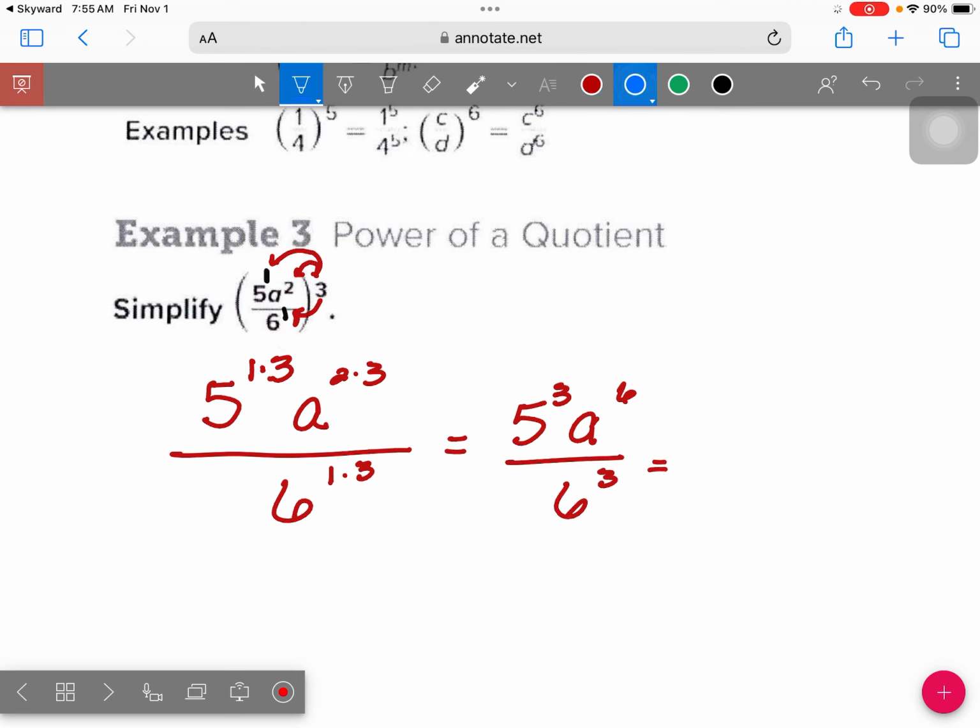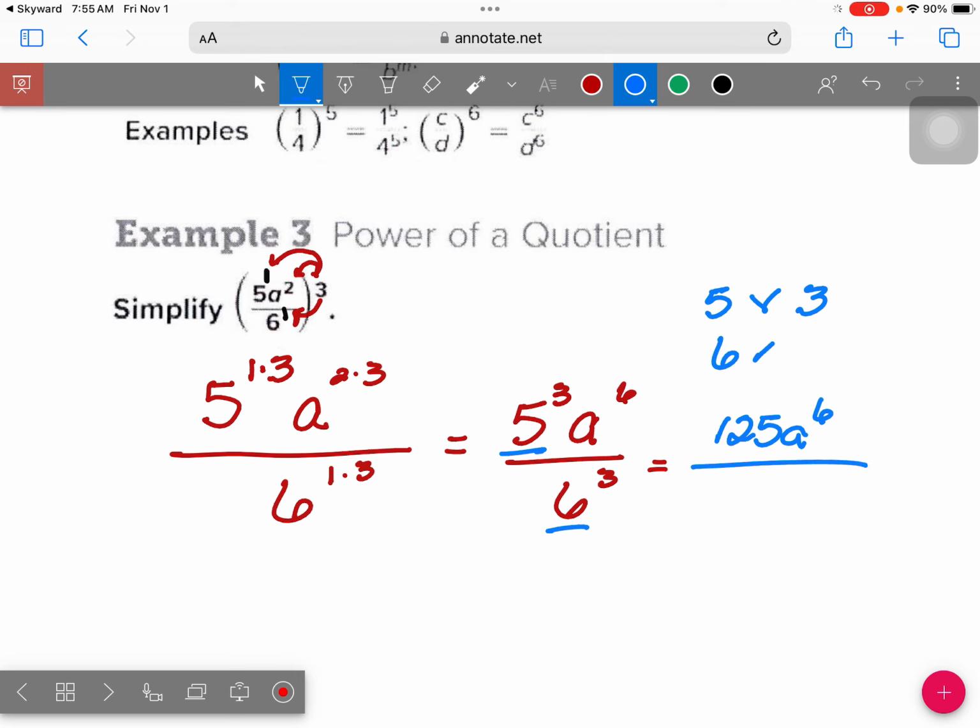Now, anytime you have a number to a power, you can simplify those. 5 to the 3rd power is, if you take 5 caret 3, it's going to be 125, a to the 6th, all divided by 6 to the 3rd power.